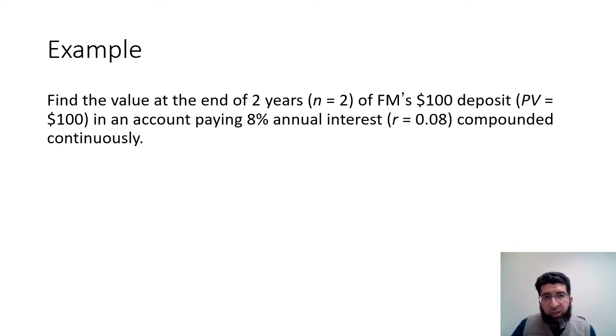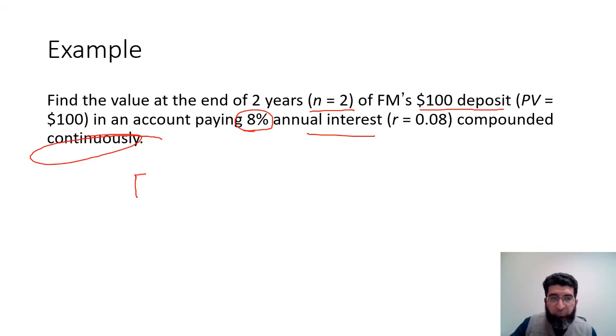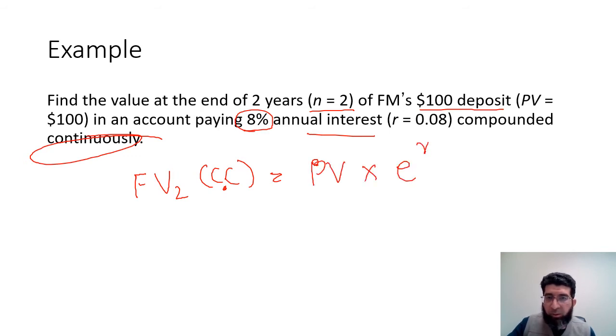Find the value at the end of 2 years, which is n equal to 2, of a $100 deposit, present value is $100, in an account paying 8% annual interest rate, compounded continuously. So in microseconds it's compounded. So the future value for 2 years, since it's continuous compounding, I'll write CC, equals present value multiplied by e^(rt).